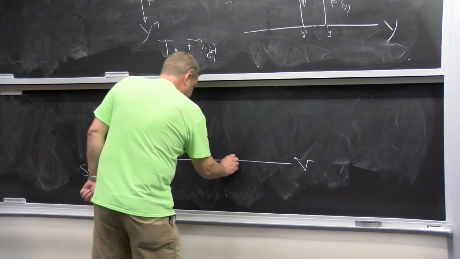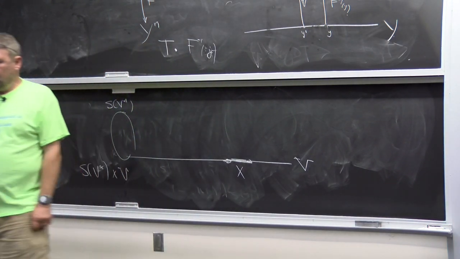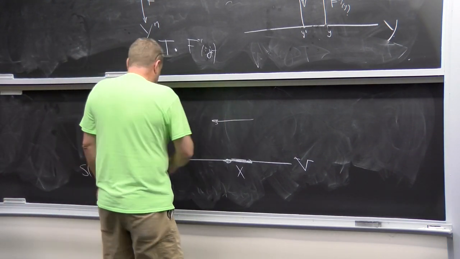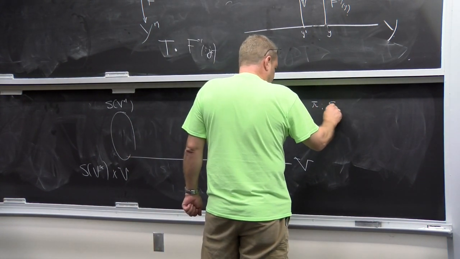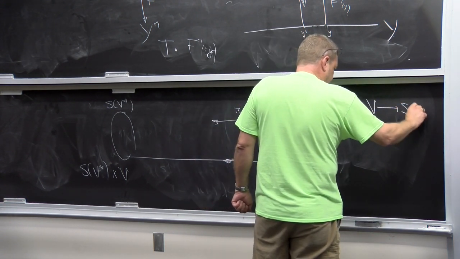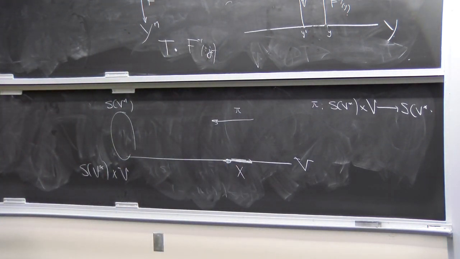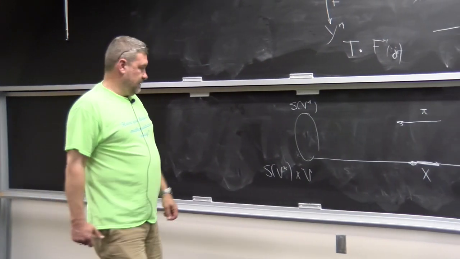And here I have a set X. Now I have a projection going this way. Let me call it pi from S V star cross V into S V star. Here, the fact that the cotangent bundle is trivial in an obvious way allows us to make this.